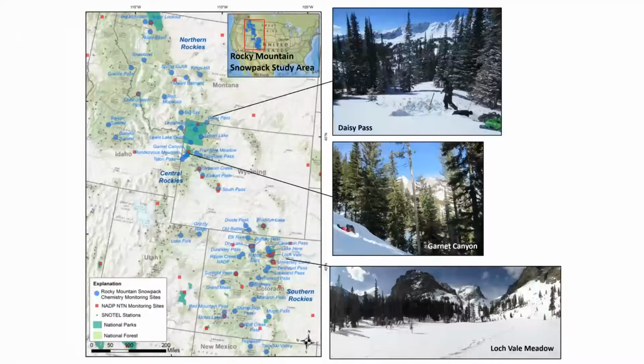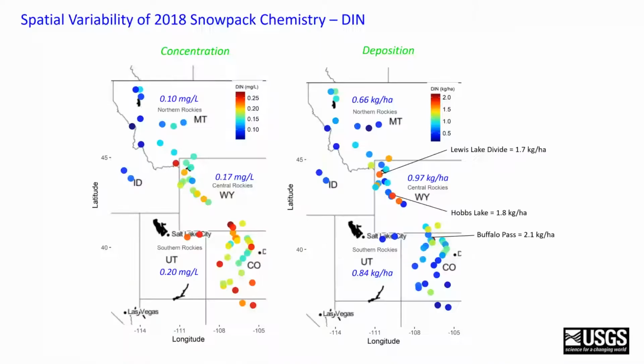This is a map of the distribution of our snow chemistry sites in blue, and the NADP sites are also shown on here in red. So you see we have pretty good spatial coverage throughout the Rocky Mountain region. This is a map from 2018, just highlighting how these data can be looked at to highlight the spatial variability.